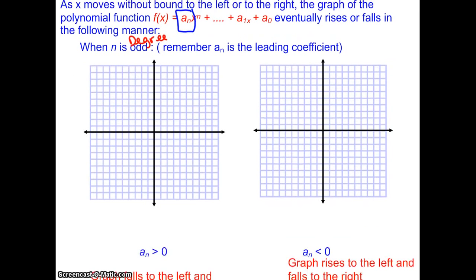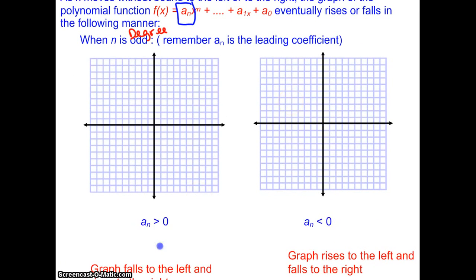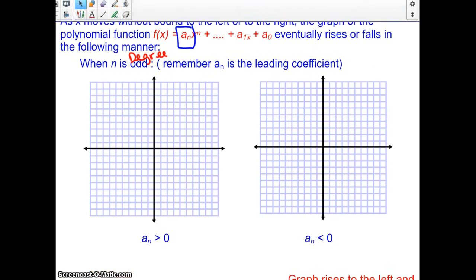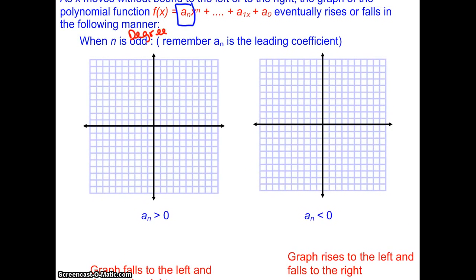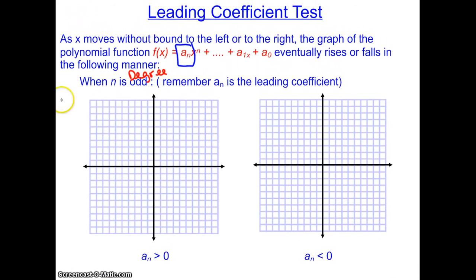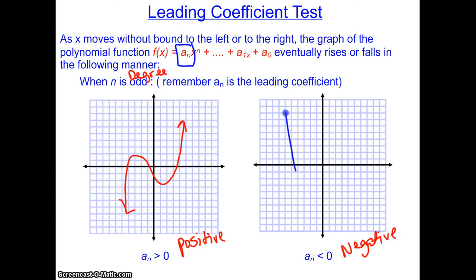Linear also. When a is greater than 0, that means positive, your graph would look like this. If a is less than 0, that's negative, then it would flip and look something like this. This is a quintic.